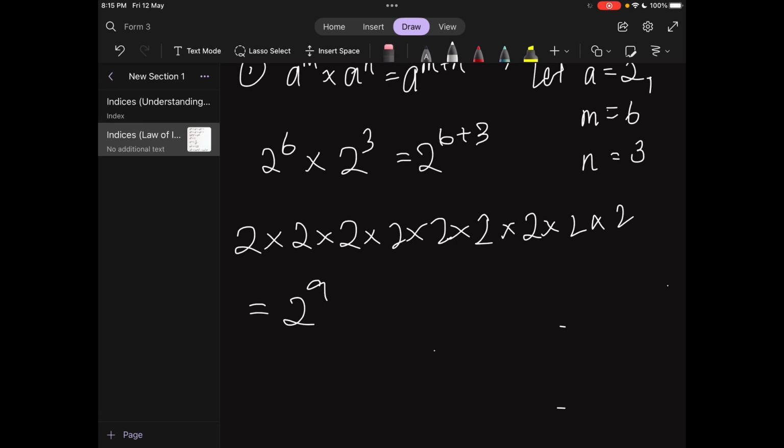Then in the second number we have 2 multiplied 3 times. So add them together, you get 2 multiplied 9 times. That's it. It's as easy as that. Nothing complicated about it. That's why 2 to the power of 6 times 2 to the power of 3 equals the powers added together, in this case, 2 to the power of 9. That is the first law.